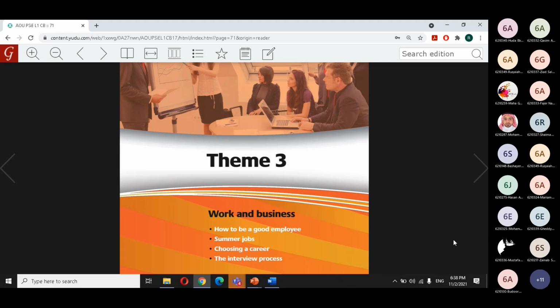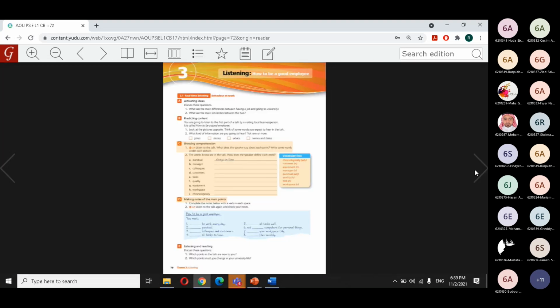Okay, this will be our writing. So we will go back to the first point here, how to be a good employee. If you have a friend and he's starting his job for the first time, this is his first job, and asks you, I want to be a good employee, what kind of advice can you give him to be a good employee? Let us see.